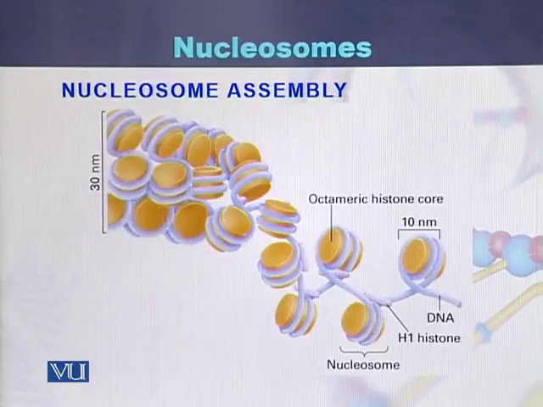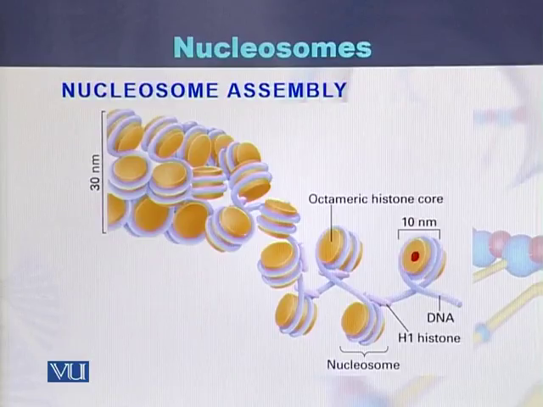Here is the diagram of the nucleosome. We can see that here is a ball. This ball consists of 8 molecules of histones: 2 molecules each of H2A, H2B, H3 and H4.